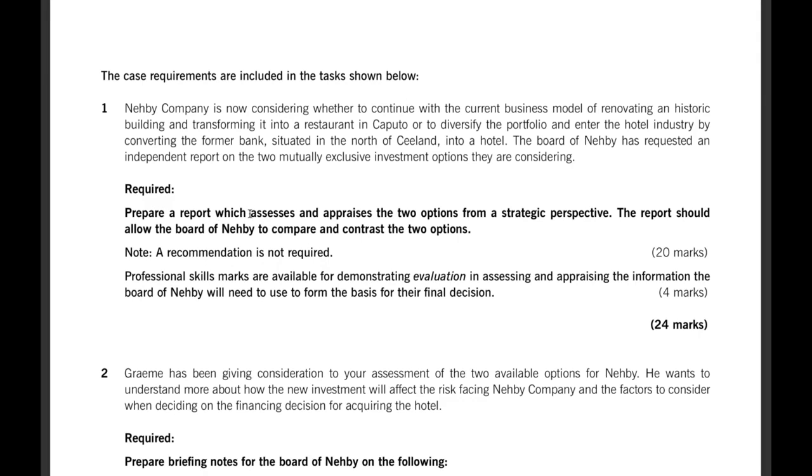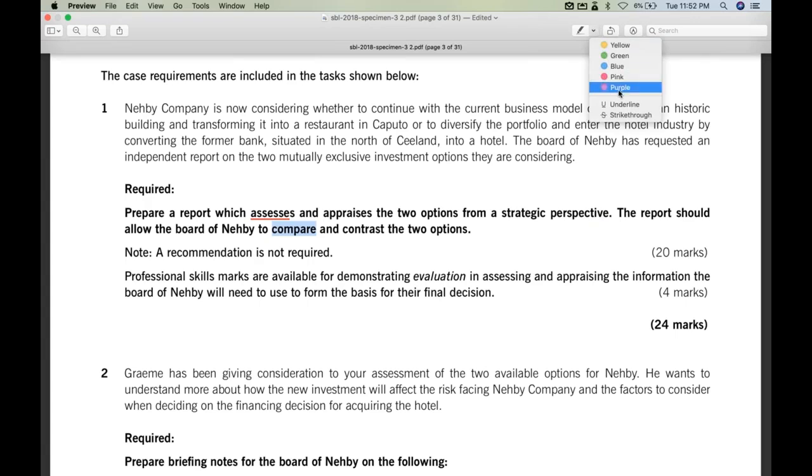You're supposed to assess, appraise two options from a strategic perspective, allowing the board of Navy to compare what's happening.